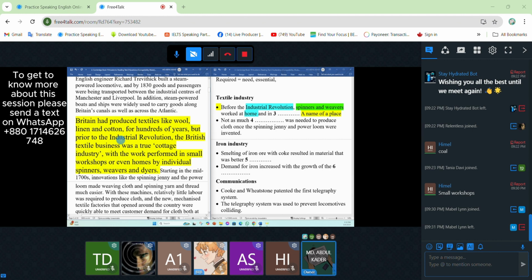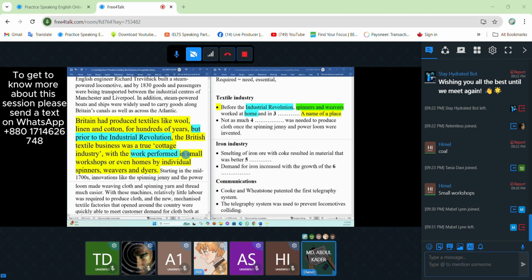But prior to the industrial revolution, which means before the industrial revolution, similar meaning, the British textile business was a true cottage industry, with the work performed. So who performed this work? Who worked there? We should find work performed.